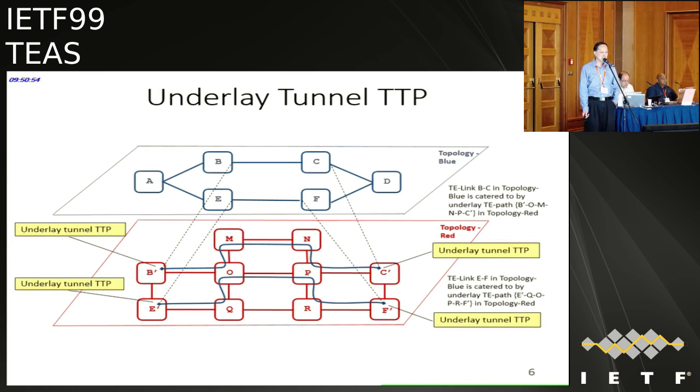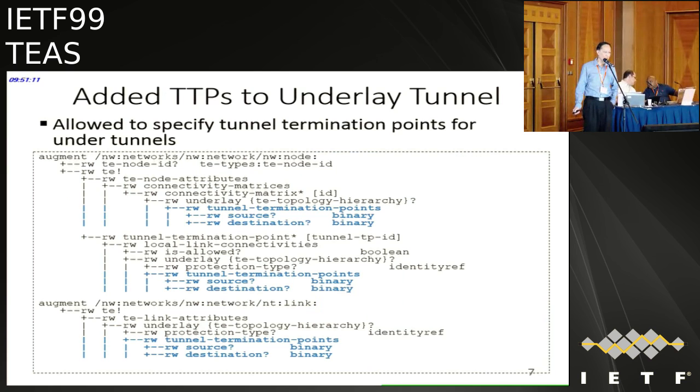Then we also improved the modeling for the underlay tunnel termination point. In this case, we want to specify the two end points of the underlay tunnel. So for that purpose, we added the tunnel termination point for the underlay source and destination.